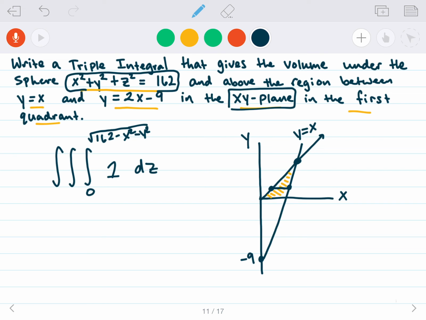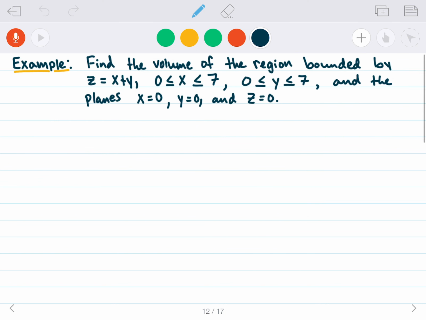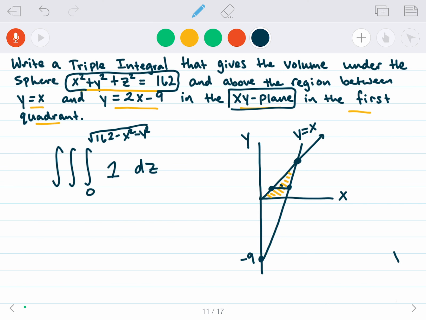Because these lines both have a positive slope, we can say that x is bounded to the left by this line, and x is bounded to the right by this line. So we can set up our x's first. That might be a little bit easier.